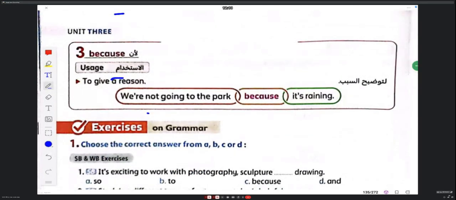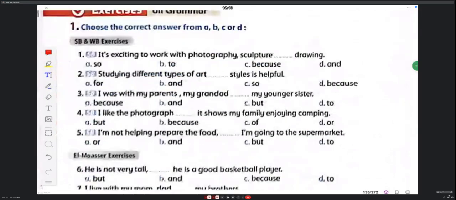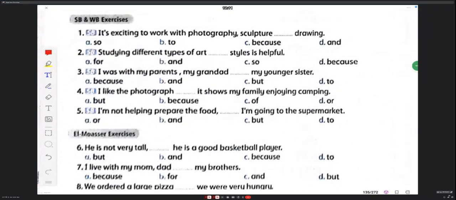Because can answer the question of why or what for. Exercise: It's exciting to work with photography, sculpture, and drawing. Number one: studying different types of art and styles.